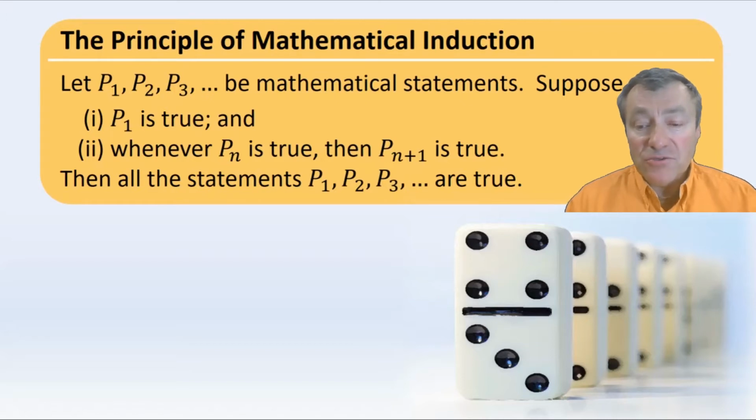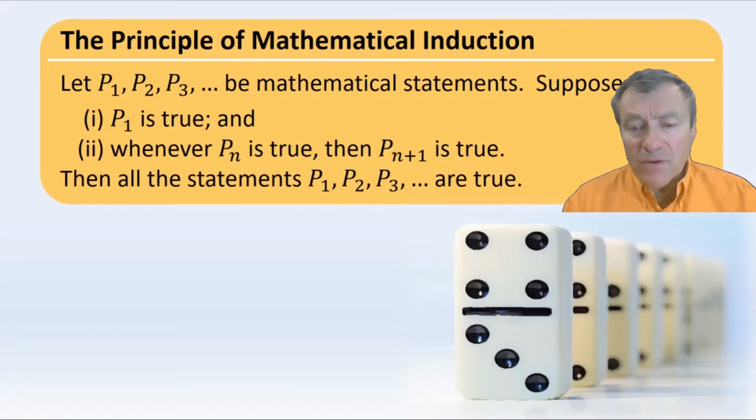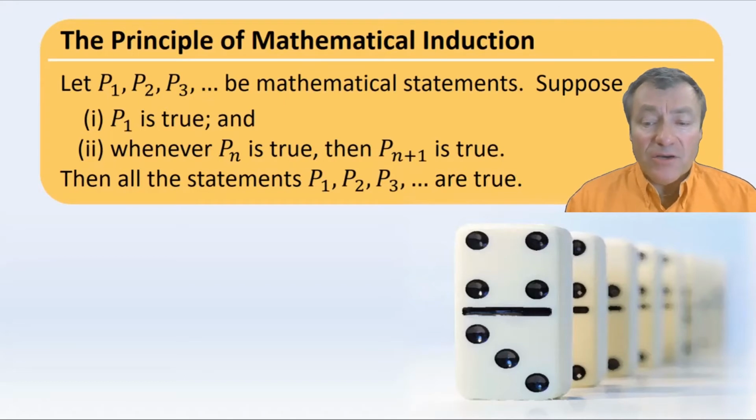So P1 is true, which implies P2, which implies P3, which then implies P4, and so on, all the way down the line. But unlike a physical sequence of dominoes, which take longer and longer to get more and more dominoes falling over without ever finishing off, here the entire sequence is knocked over without having to worry about waiting.